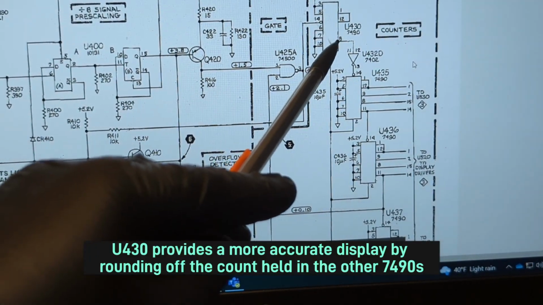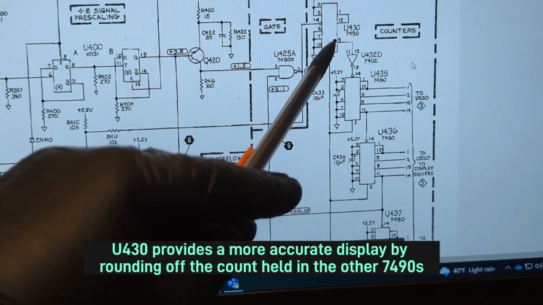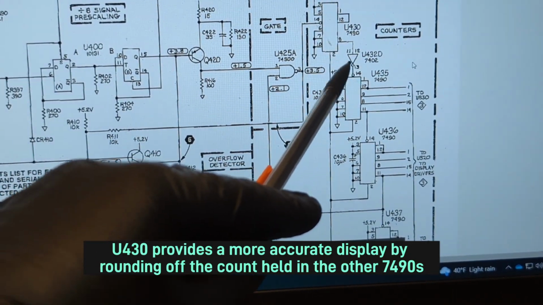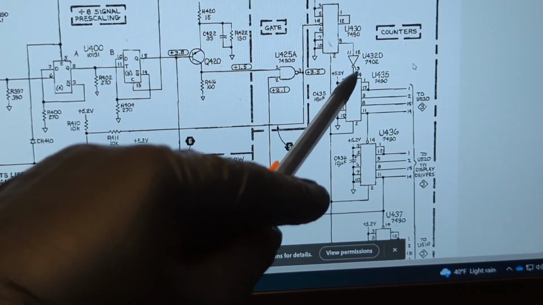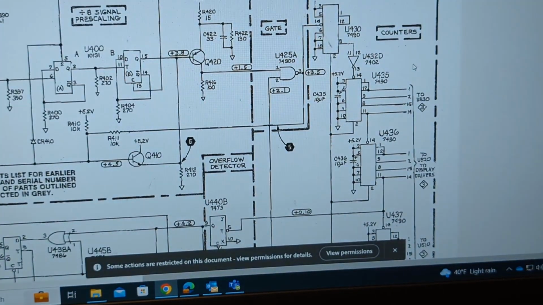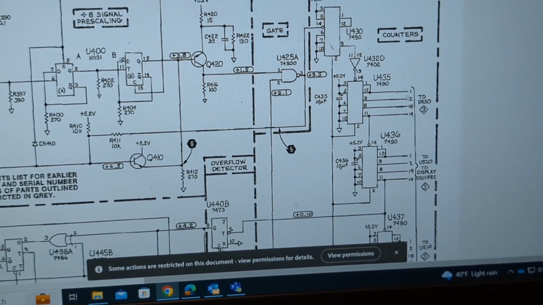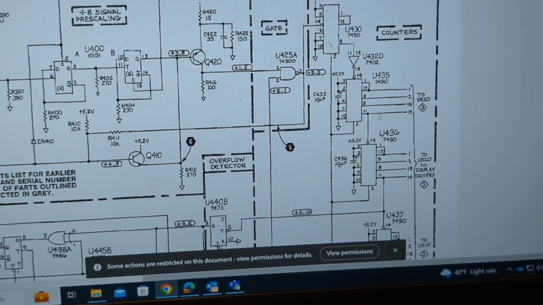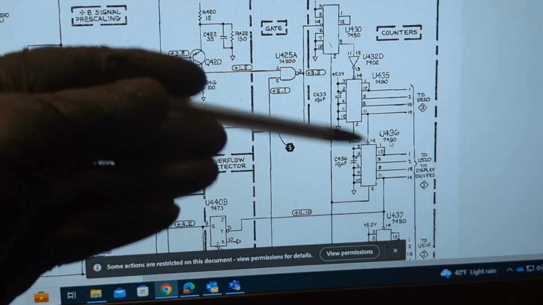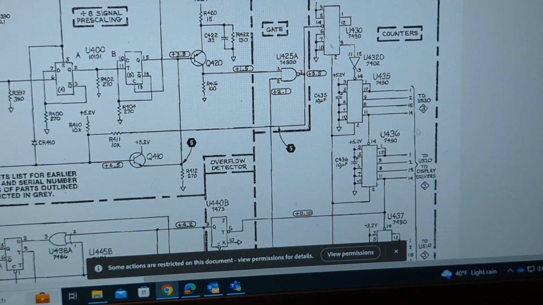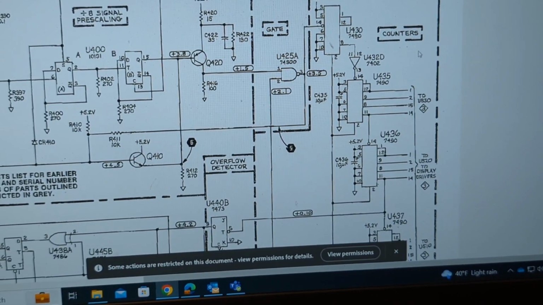One of the BCD outputs is pin 8 right here, goes through this logic gate, and then is the clock input for U435, which is the first counter of the ones that go on to the display drivers.